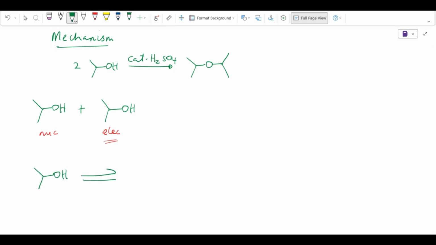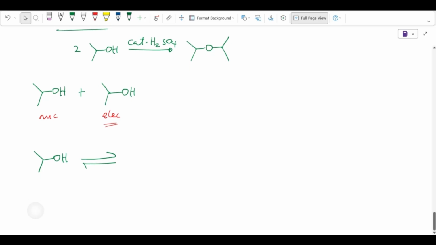So treat the electrophile, or one of the molecules of the alcohol, with the catalytic sulfuric acid. So we say the first step is protonation.